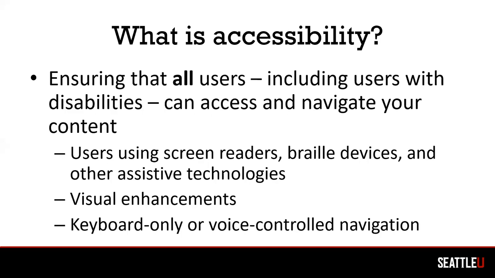So you're thinking about users who are using screen readers, braille devices, and other assistive technologies. You're thinking about users who need visual enhancements, and being able to blow up your screen and still be able to read everything really well. You're also thinking about folks who maybe can't use a mouse, so needing to use keyboard-only navigation or voice-controlled navigation.